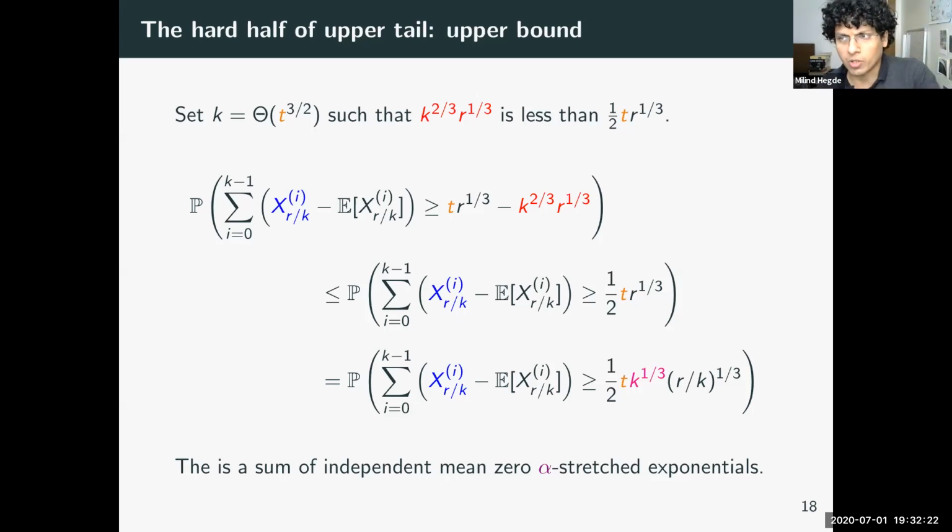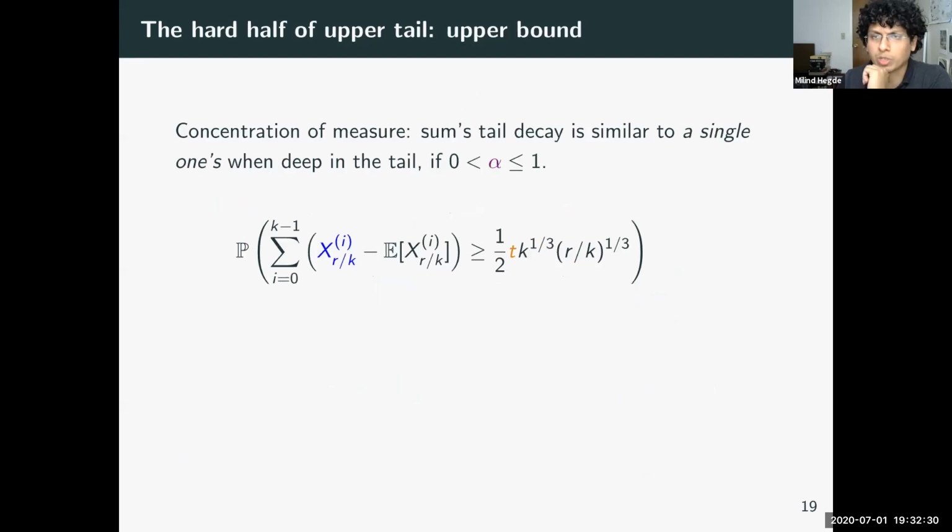This is good. So this is where we're going to use some concentration estimates. This is quite an intriguing connection, actually, which we'll discuss a little bit more soon. Basically, if the exponent alpha is between 0 and 1, then concentration of measure tells you that the sum's tail decay is similar to the tail decay of a single random variable. So that's the situation we're in.